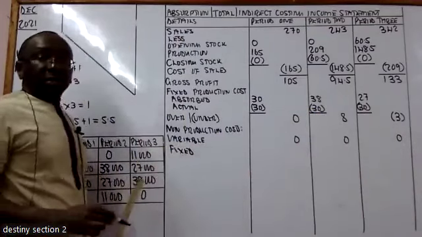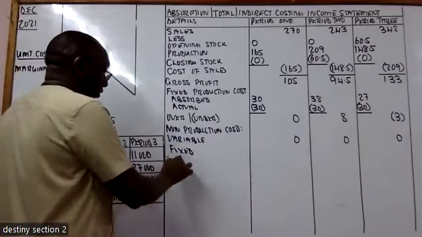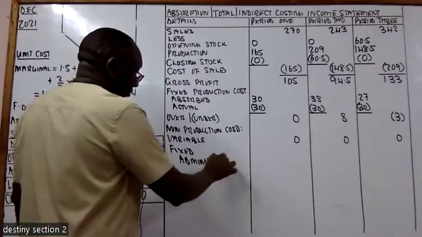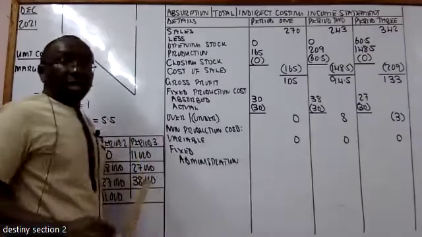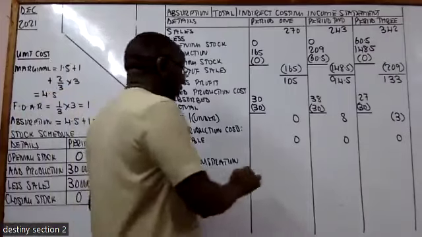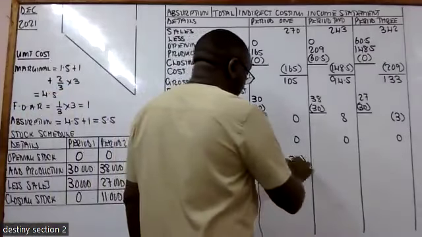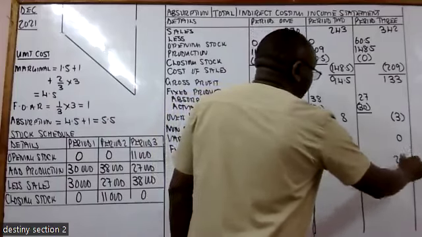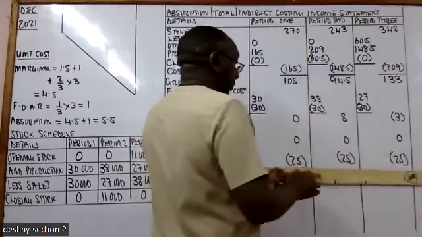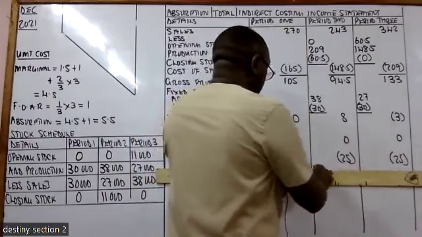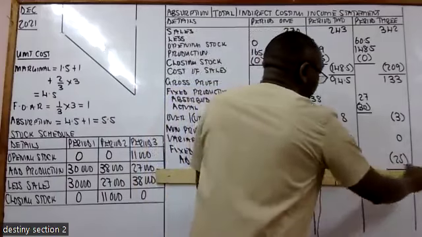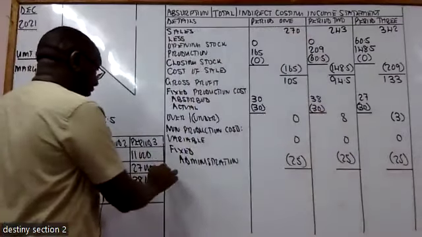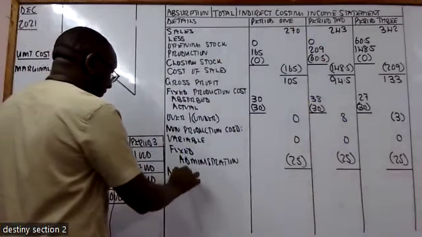We know in this question, the fixed ones are administration. So the administration, we know it is 25 hapa, 25 hapa, and 25 here. So with that, we should now be ready to get our net profits.